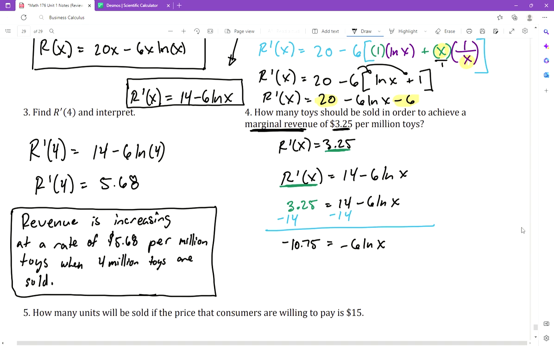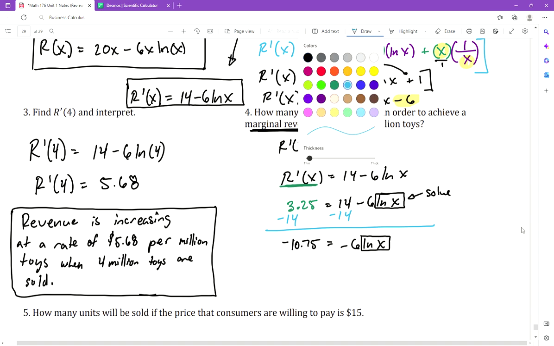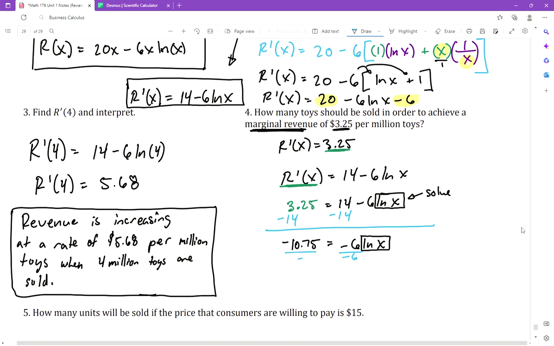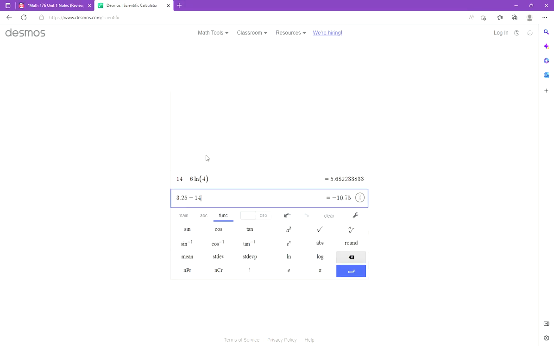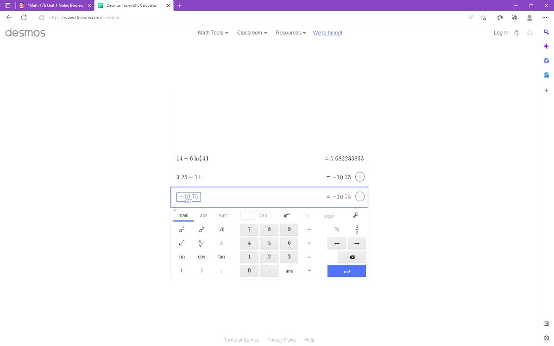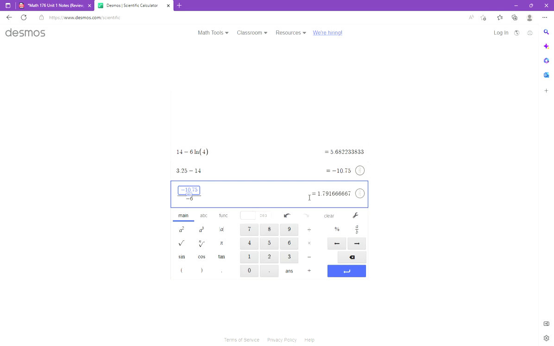And again, I want the ln of x by itself, and eventually solve for x. So I'm still thinking, get this by itself. So we should divide by negative 6 here. Okay, so 10.75 and 6 divide. The two negatives would cancel, but I have that ready anyway. So I have the answer, and then divided by negative 6, just to get a positive.